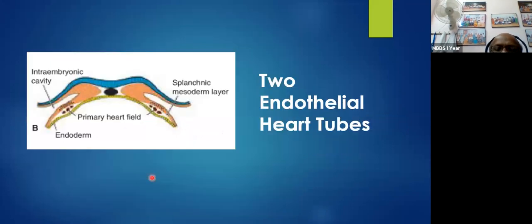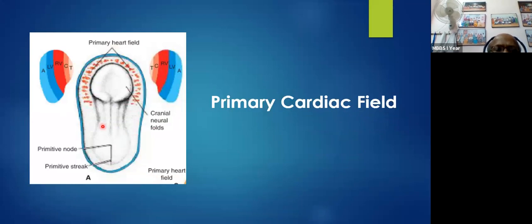So from this angiogenic cluster, these cells give rise to blood vessels. That's why it is called angiogenic clusters of cells accumulated in the primary heart field, that is in the lateral plate mesoderm like a horseshoe.